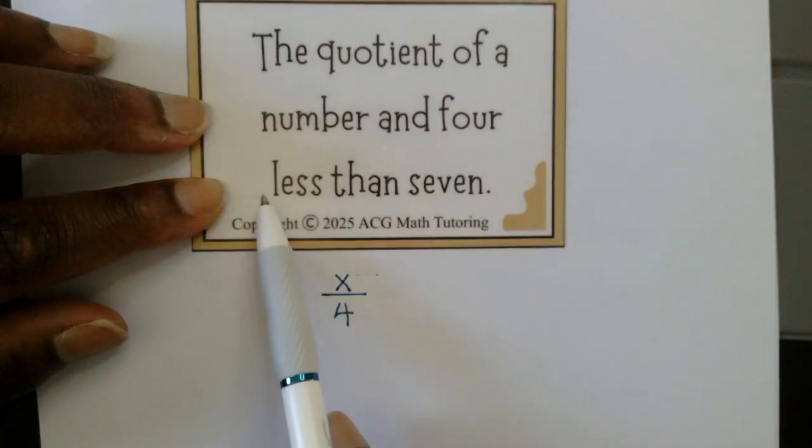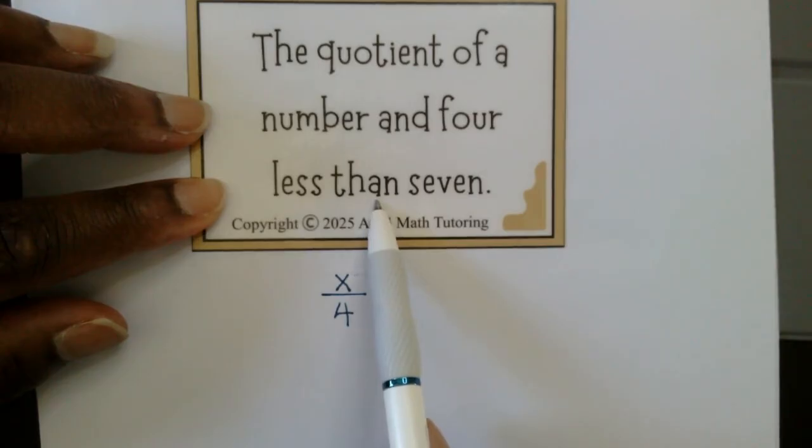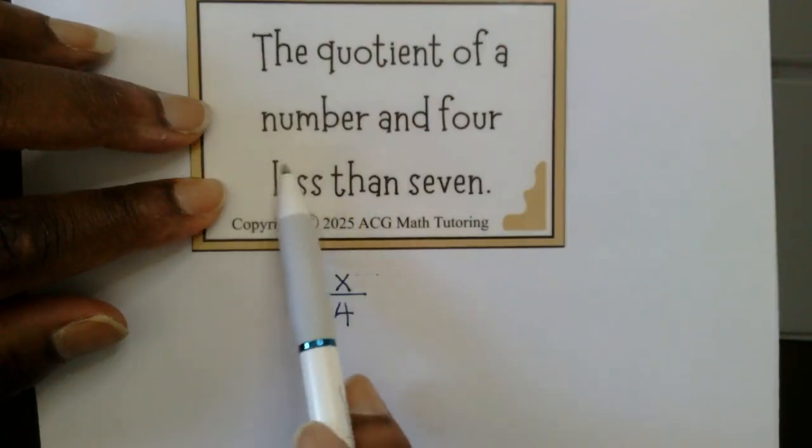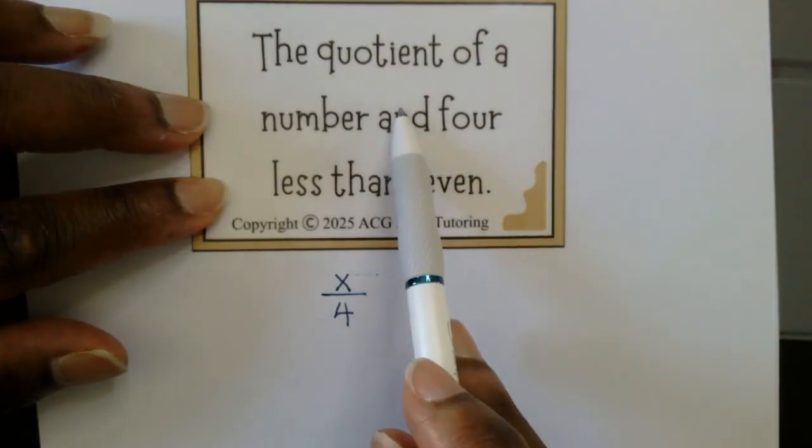So, since we don't have is, we just have less than. So less than is the subtraction. What's going to carry the subtraction is going to be the quotient.